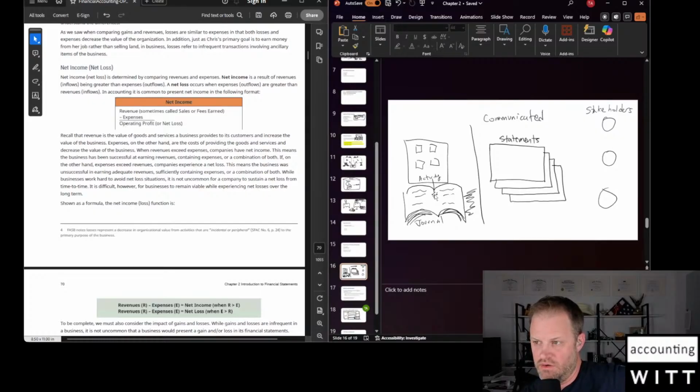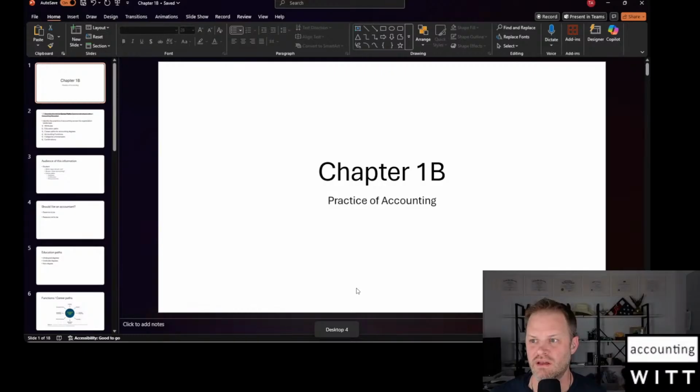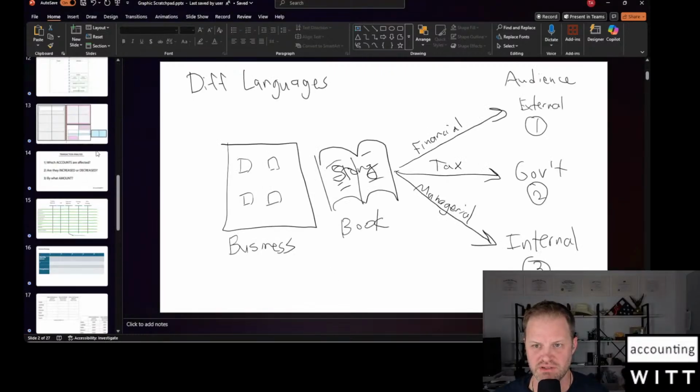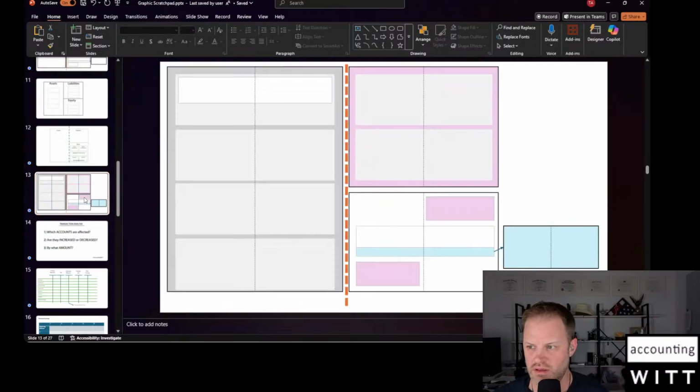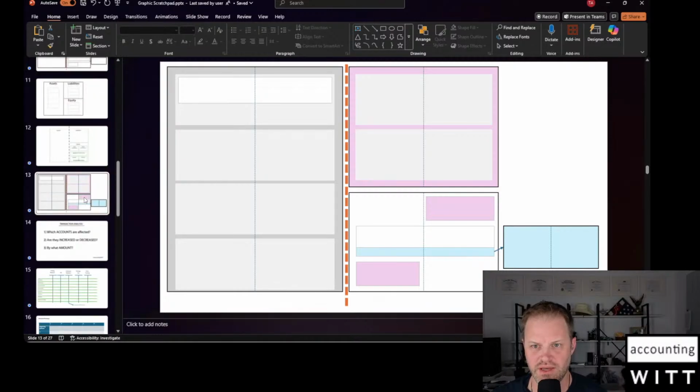If you want to know how the financial statements communicate, you've got to understand this picture. So let me find my prettier version of that picture. I want to make a simpler one than that.